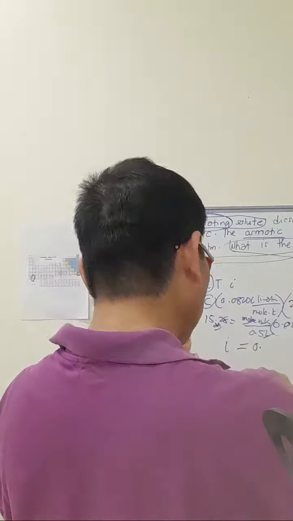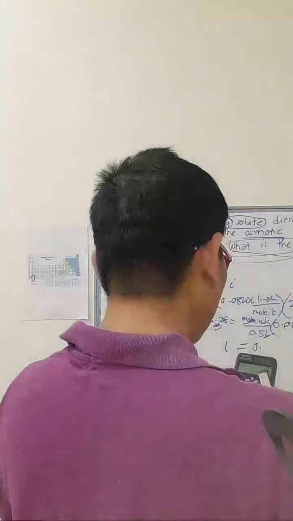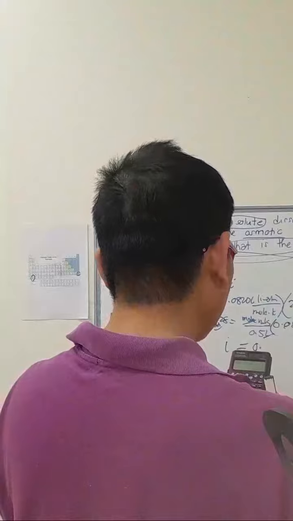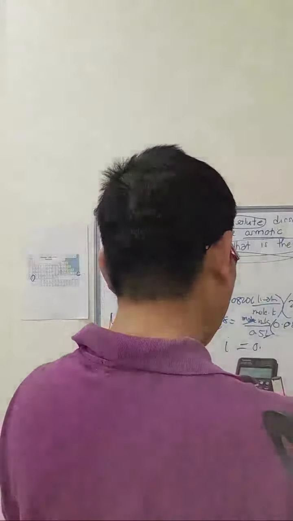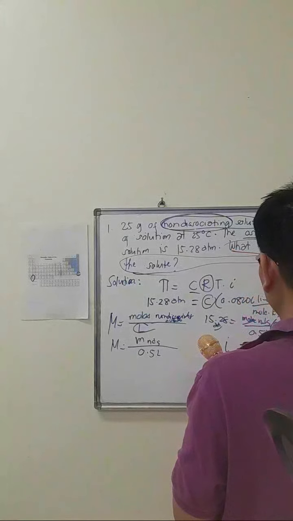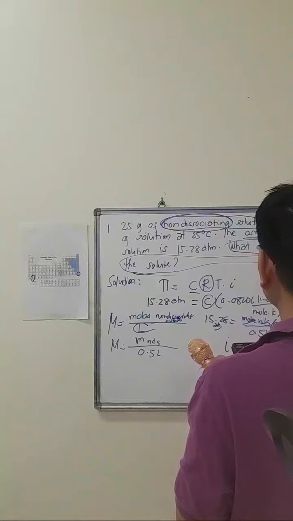So let's have now a new assumption of our i, because we don't know yet. Okay? It's equal to 24.45, and then 0.5.